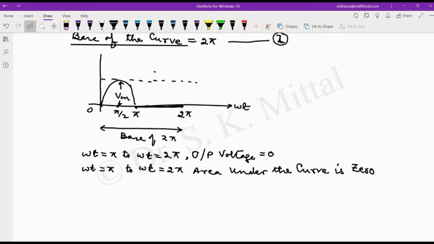Therefore, the area under the curve will be calculated from omega t equal to 0 to omega t equal to pi.